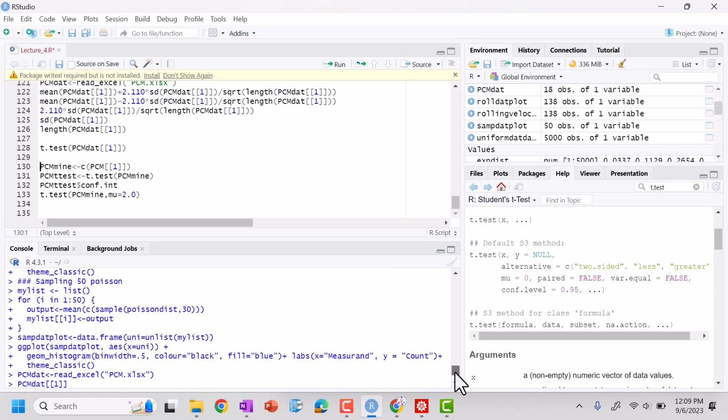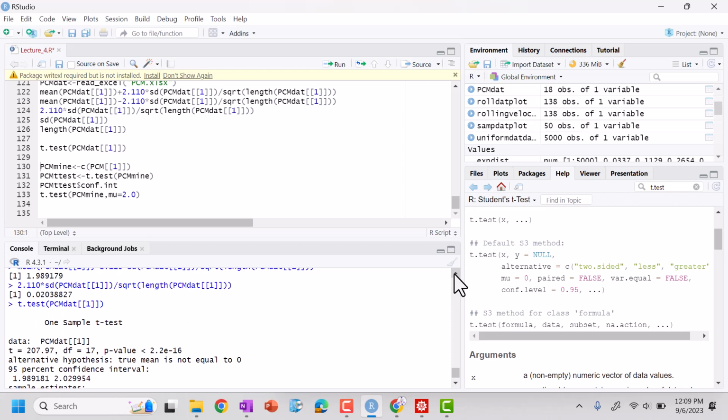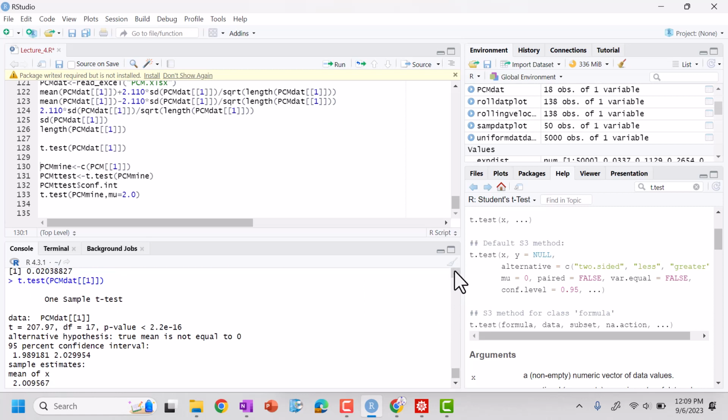So 1.898. We can look at and compare that just a little bit further. Let's go up just slightly. So let's look at that value. Looks pretty close. Again, there's going to be some a little bit off because of the way that we do the estimates. So this looks fantastic. And you can look at confidence intervals like that.